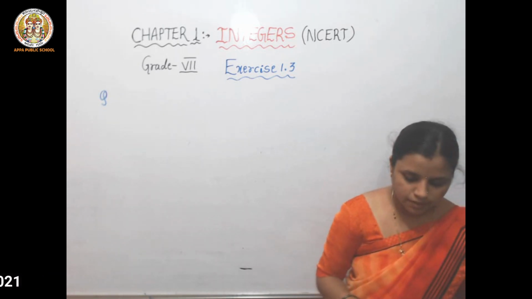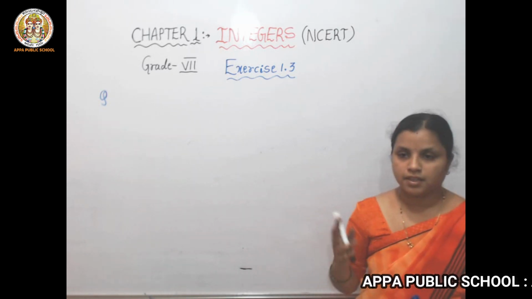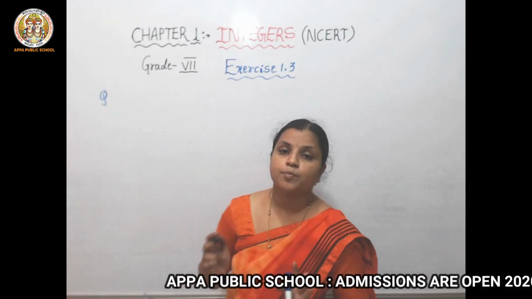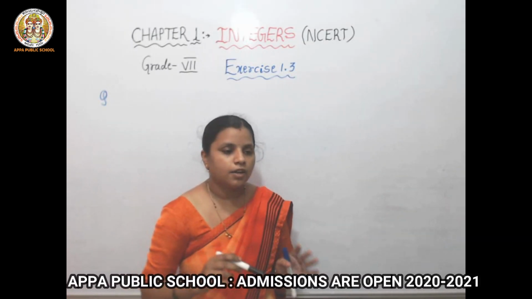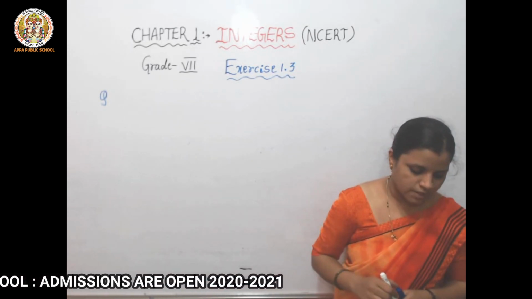So a cement company has 2 types of cement, white cement and grey cement. For each bag of white cement there is a profit of rupees 8, and for each bag of grey cement there is a loss of rupees 5.